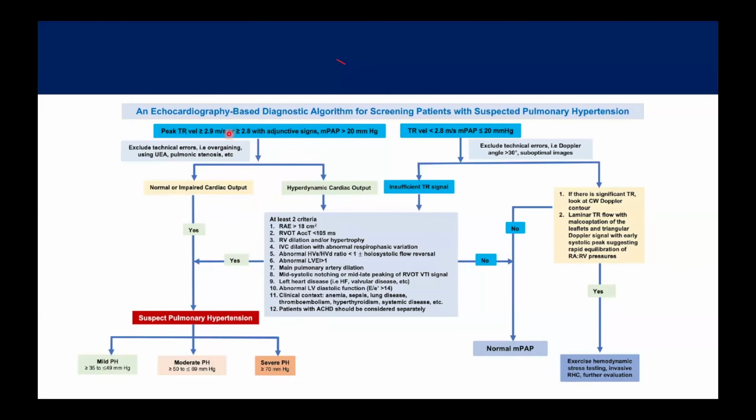But if you don't meet that criteria, but you have a TR velocity of at least 2.8 with some of these adjunctive signs, that's also suspect for pulmonary hypertension. But what if you have a case where the TR jet is less than 2.8, but that's because you might have an insufficient TR signal? Again, the guidelines say if you have some clinical suspicion, look for these criteria. And if these criteria are there, then suspect pulmonary hypertension. And so that's a useful algorithm included in the guidelines.